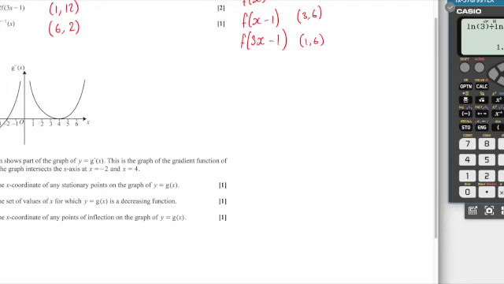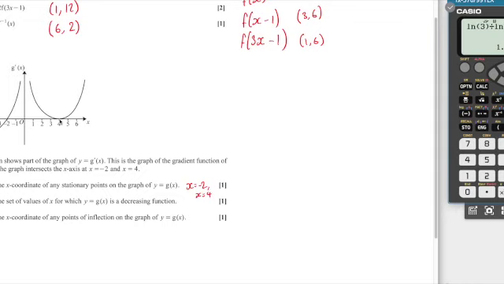Well, a stationary point is when your gradient is 0, and this tells me what the value of my gradient is at particular points. So we know at -2 the gradient is 0, at 4 the gradient is 0, so that one, x is -2 or x is 4.